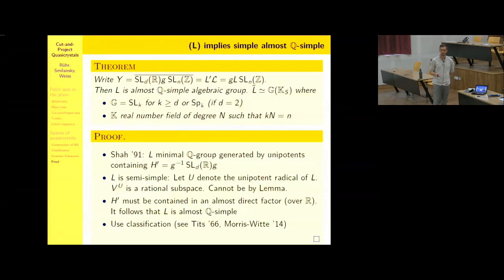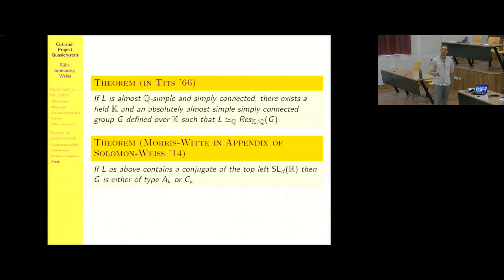And now we look into some books and papers. Here's a theorem we found in Tits. It's well known to experts, but the problem is to find a good reference for this. If you have some Q-simple group, say we pass now to the simply connected cover, then there's some absolutely simple group G so that you find this restriction of scalars construction.